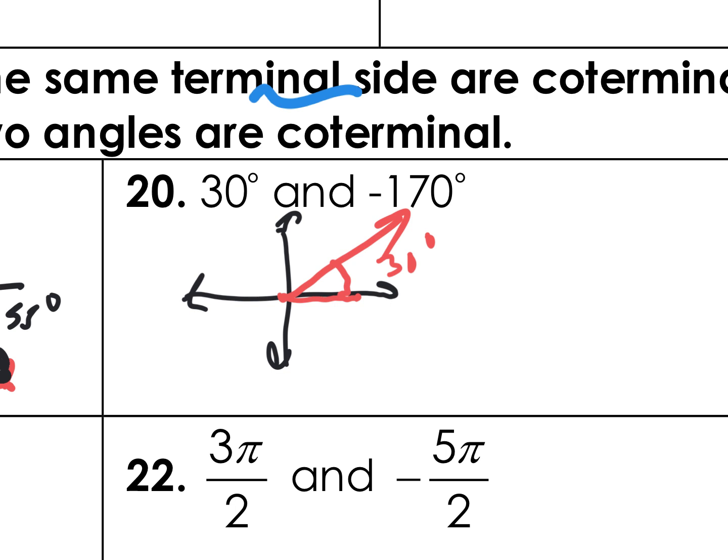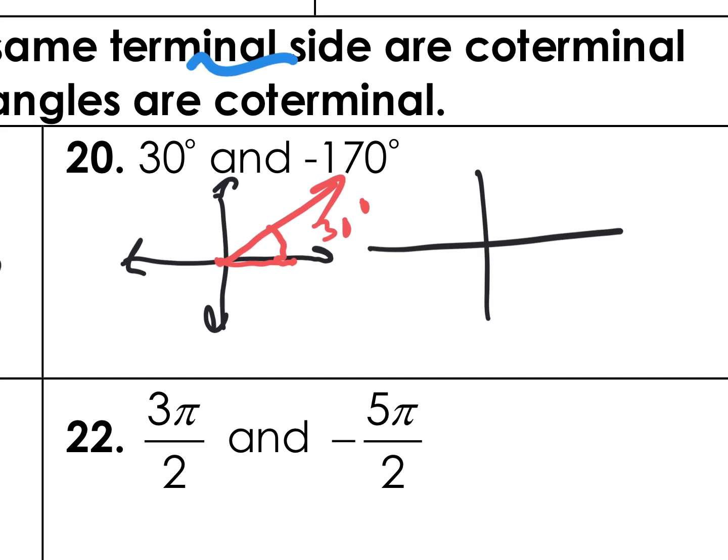Now let's look at the negative 170 degrees. Well, I start with my leg on the 0 degrees, and now I'm going to open clockwise, the way the clock goes. Here goes. Here's negative 90. Keep going.